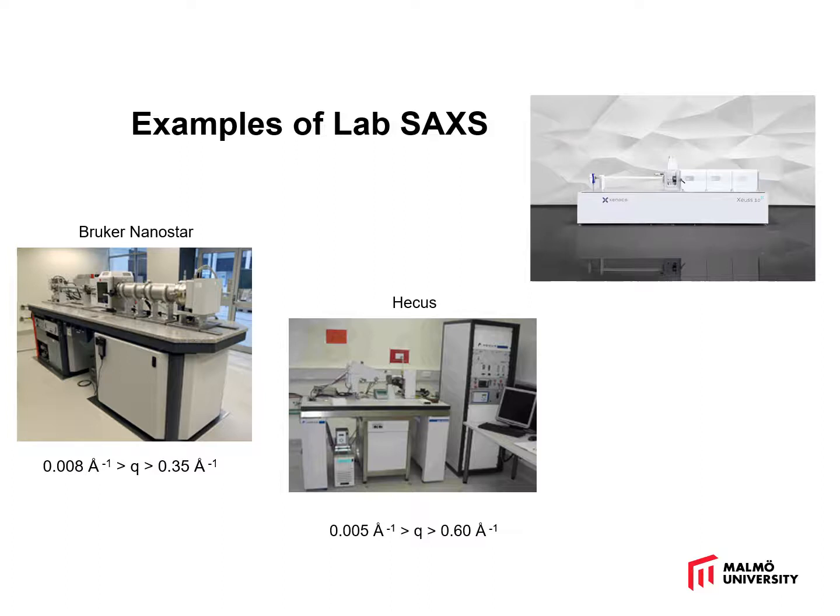The Xenocs at the top right hand side is probably facing us in the best way to see everything there. So on the left hand side there's the X-ray source, the long thin tube is the collimation. There's a grey box there with samples that can be under vacuum.